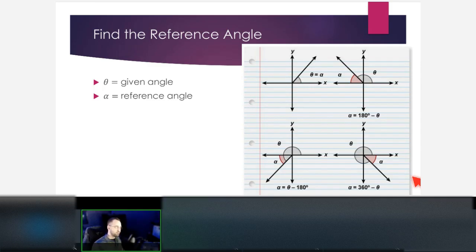But the reference angle, the angle formed with the terminal ray and the x-axis, is a positive value. All right, we good on this slide then? Okay.